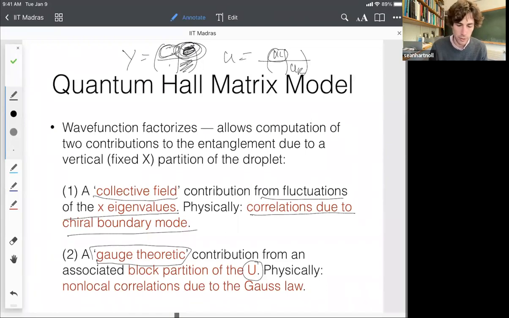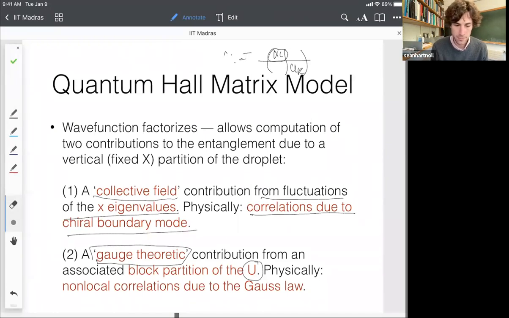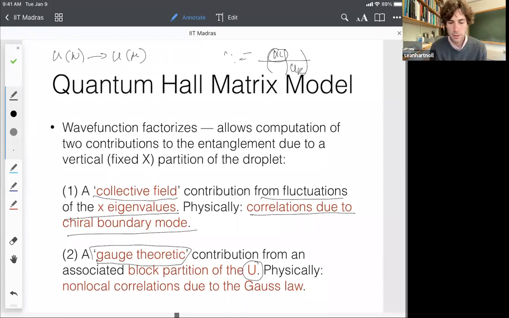So we started off with a U(N), and we partition the eigenvalues, so that naturally gives you a break to U(M) cross U(N minus M). But these off-diagonal modes are acted on by both of these, okay? And that correlation gives you another contribution to the entanglement, as we'll see.